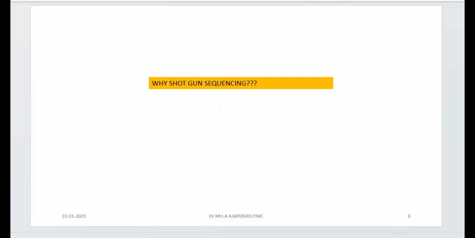Now, why do you have to go for complete genome sequencing? Why not the earlier methods, which are, say, amplicon based methods, enough? Amplicon based methods, the most important one being 16S rRNA sequencing, which we all know in case of bacteria, is very important because the regions within the 16S rRNA sequence are the most conserved sequences, right?